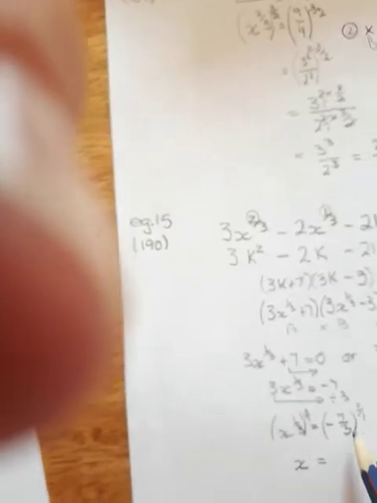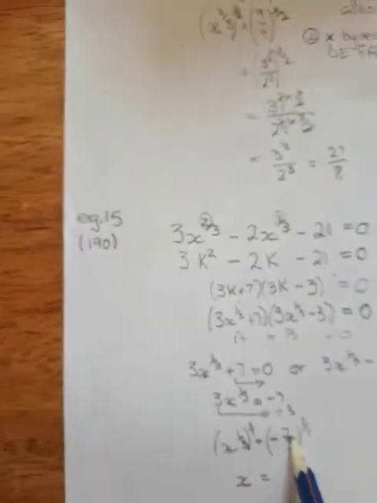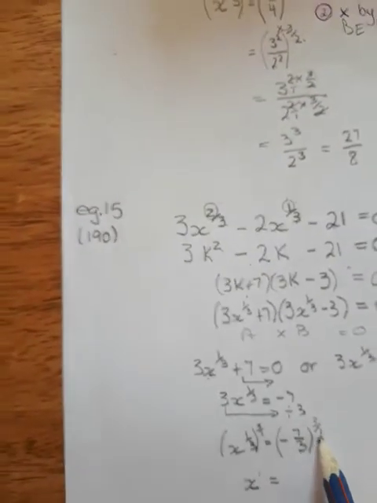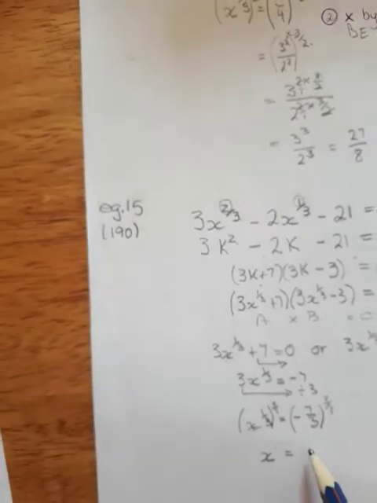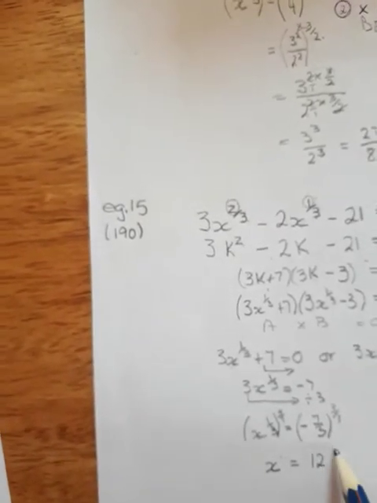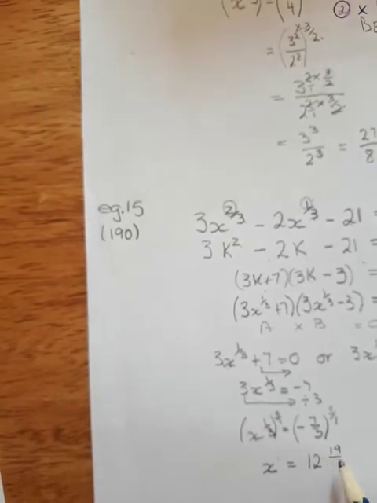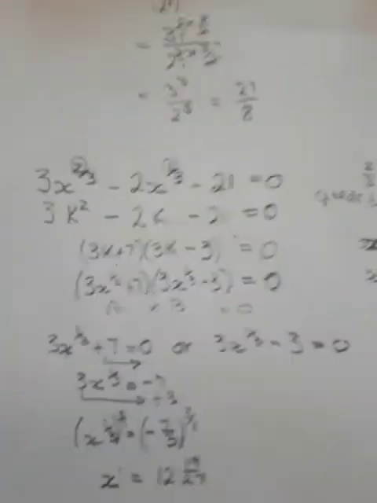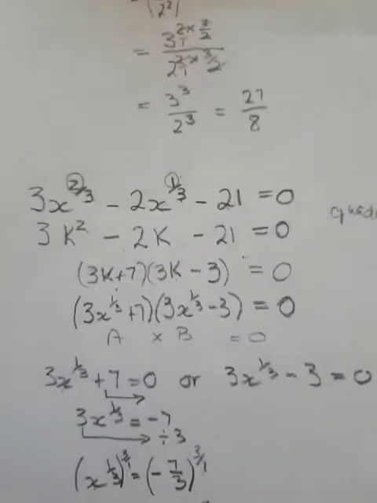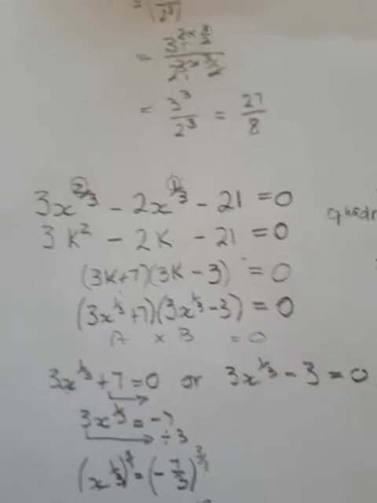And if you put this negative 7/3 to the power of 3, you don't really need the over 1. Your answer will be negative 12 and 19/27.